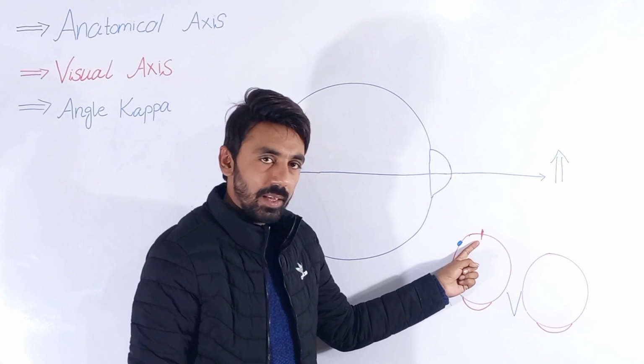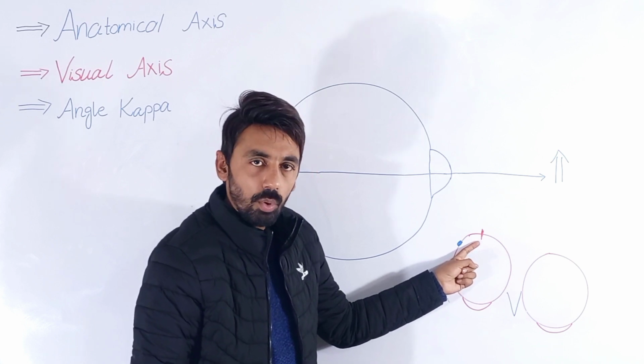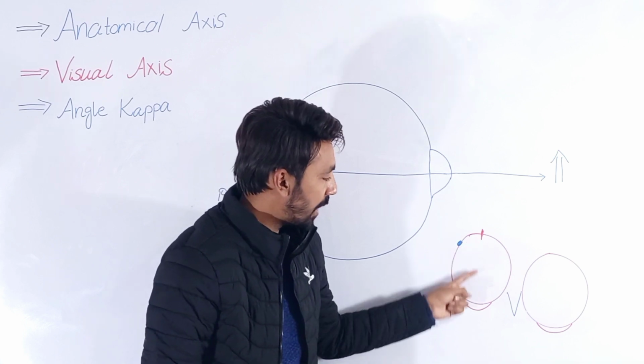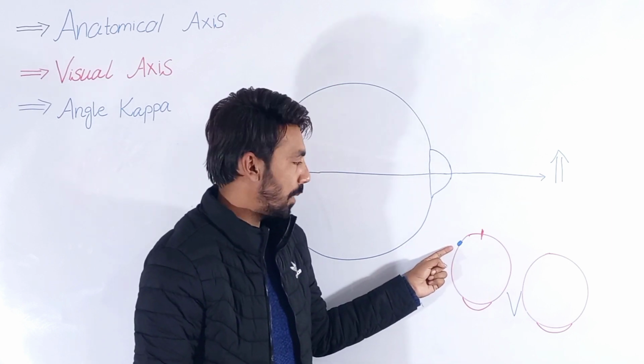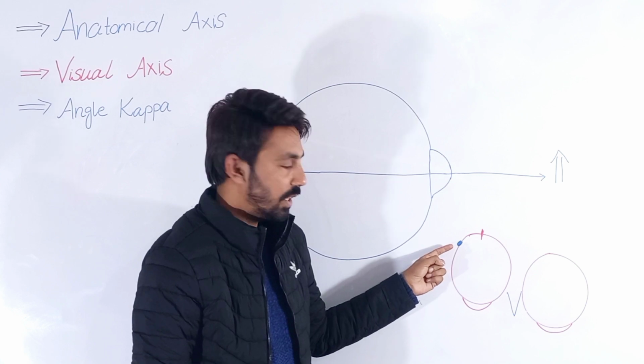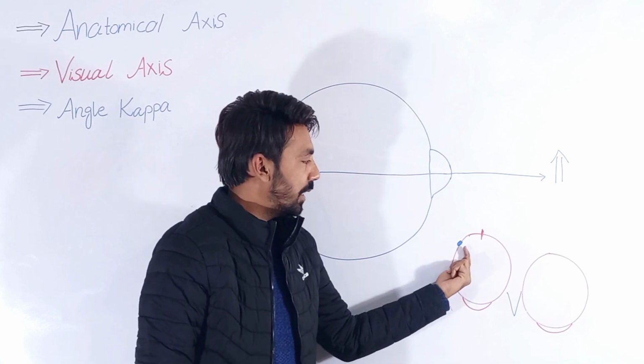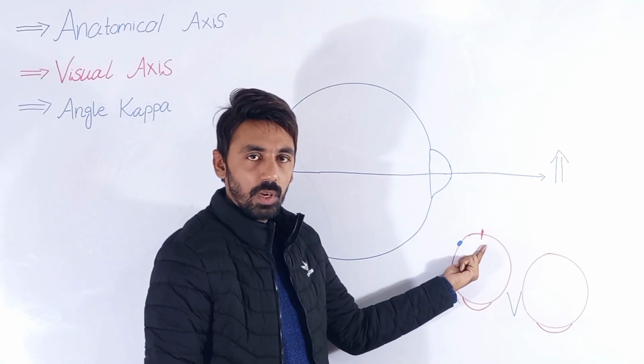So this red line is the posterior pole of the eyeball, right? And this coincides with the center of the cornea. And this blue mark is called the fovea centralis, and it is slightly temporal to the posterior pole of the eyeball, right?